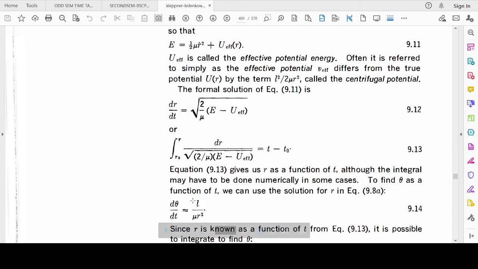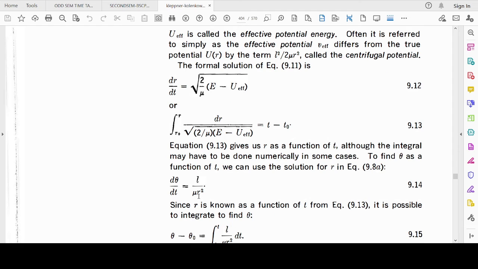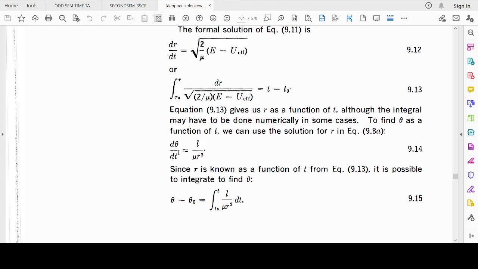And for d theta by dt, as we know omega is equal to d theta by dt, that is theta dot, which is L by mu r squared. If I integrate this equation, integral d theta is equal to the integral of L by mu r squared dt.